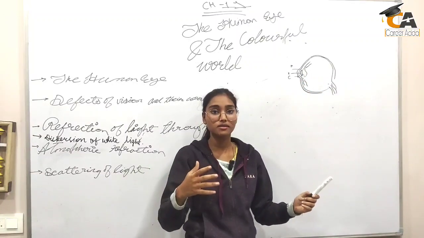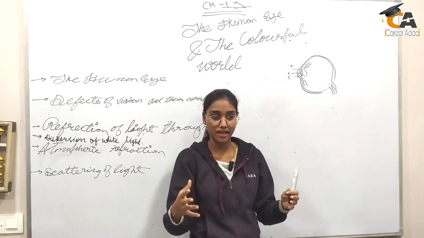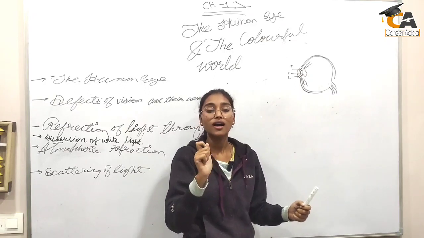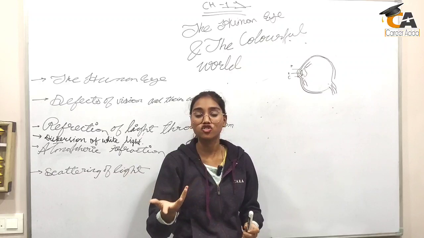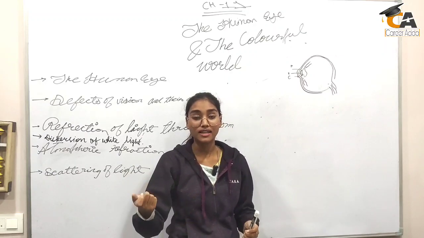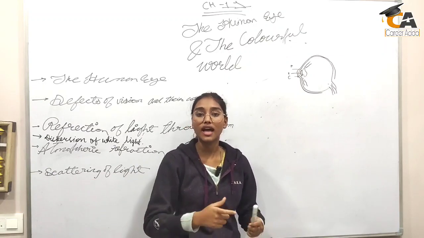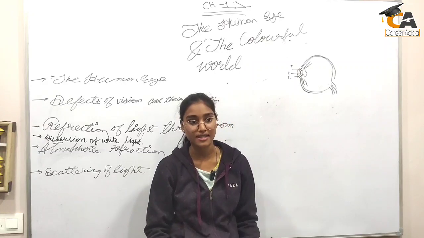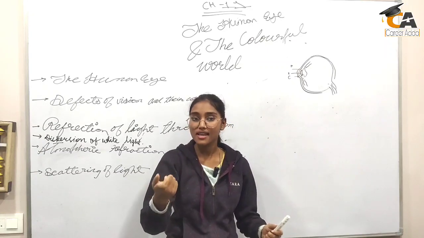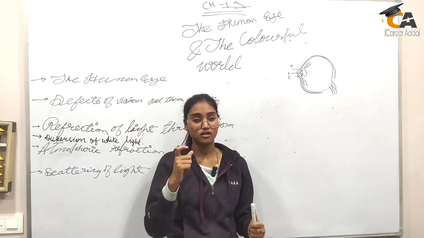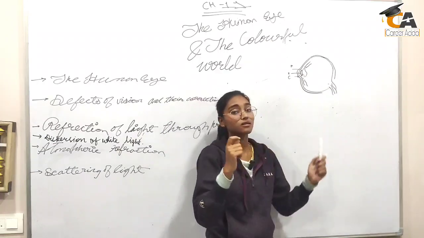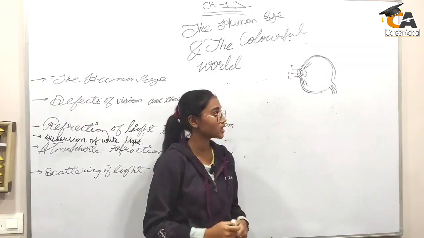The ciliary muscles help us to contract and expand because the human eye works as a natural camera. Like a camera has a lens, the human eye too has a lens, and that is a convex lens. As a lens has a focal length, the ciliary muscles help to increase and decrease the focal length of the eye.